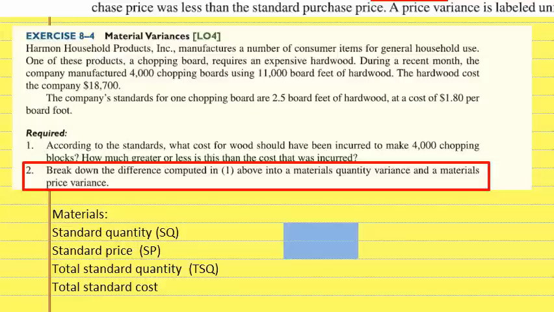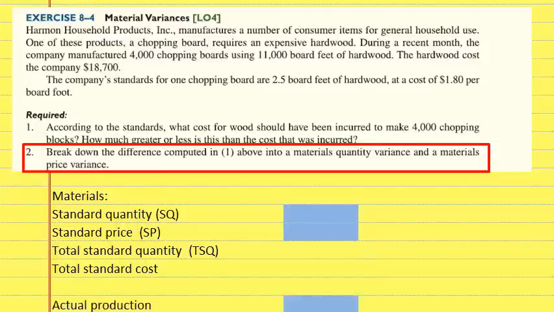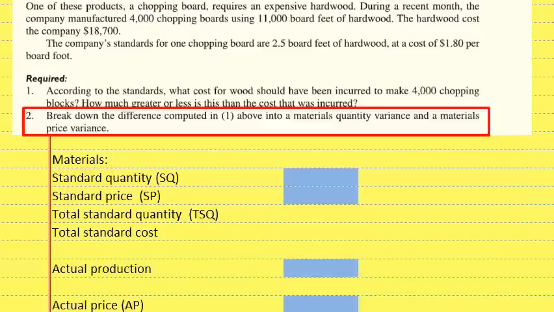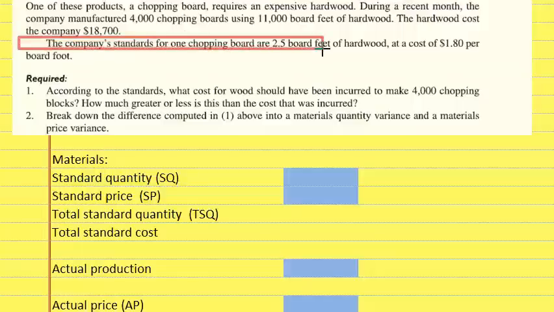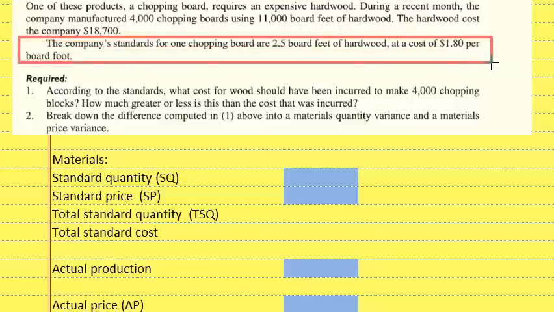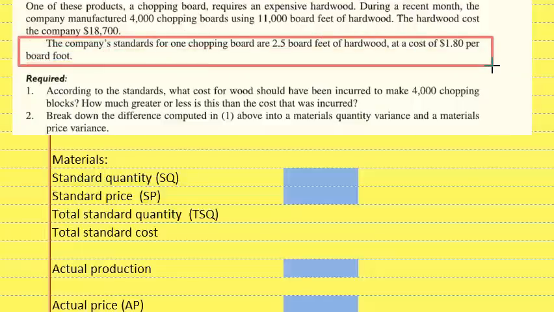Exercise 8-4. Scoot that up as far as I can. Get rid of that little red box. And let's do my standards first. So the company manufactures chopping boards, and the standards for one chopping board are 2.5 board feet of hardwood at a cost of $1.80 per board foot.